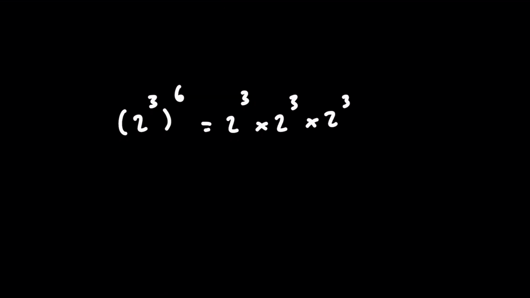Now let's take a look at an example, something like this. Well, we can have a look here and see that if we're doing 2 to the power of 3 and that to the power of 6, all that means is you're doing 2 to the power of 3 times itself 6 times.